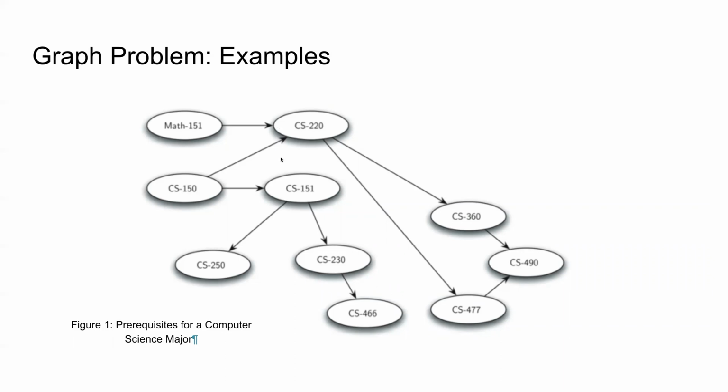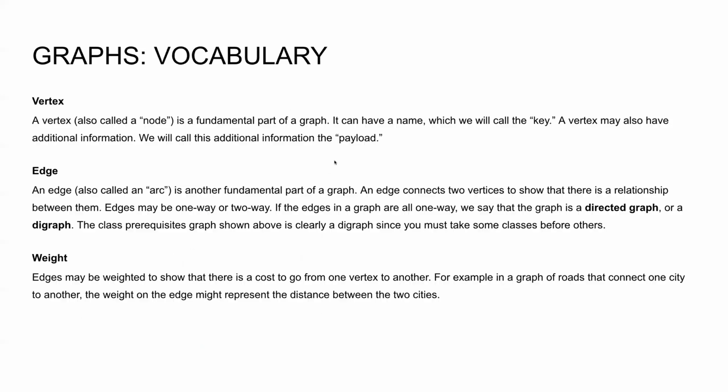So this is one of the classical problems where you can solve it in many different ways, but one of the graph traversal algorithms will help you to do a topological sort if this graph is actually a directed acyclic graph. So we'll talk about all these details.